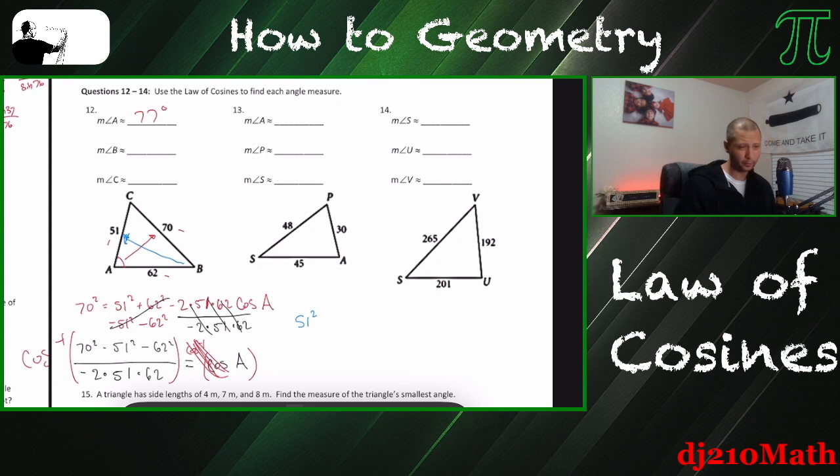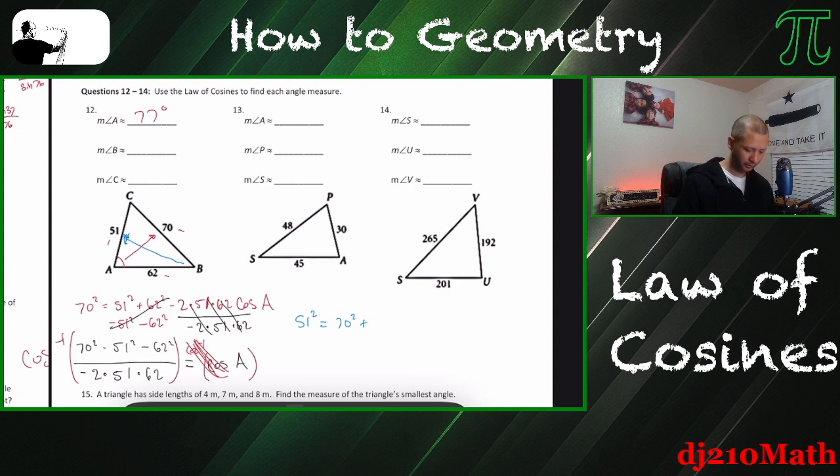The side we're looking for, this is going to equal A squared. In this case, it's the square of the other two sides. It doesn't necessarily have to be A, but in this case, we can use A. So 70 squared plus B squared.